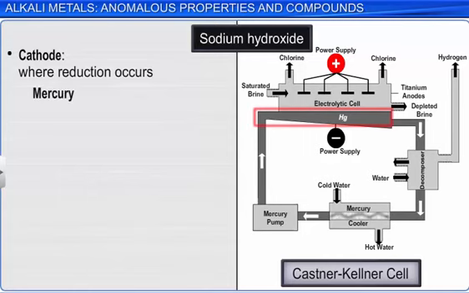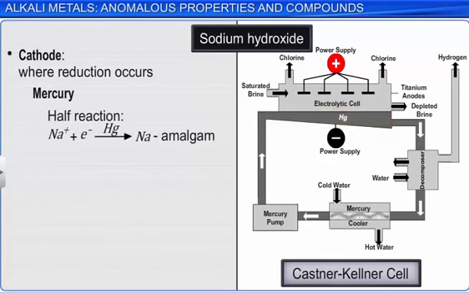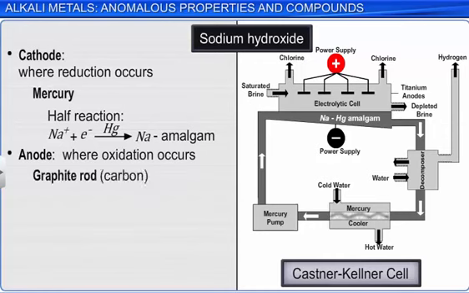In the reduction half reaction, sodium ions combine with an electron to form a sodium-mercury amalgam. Oxidation occurs at the anode in an electrochemical cell. In the Castner-Kellner cell, a rod of graphite, a form of carbon, is used as the anode.